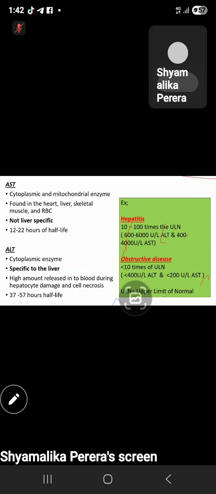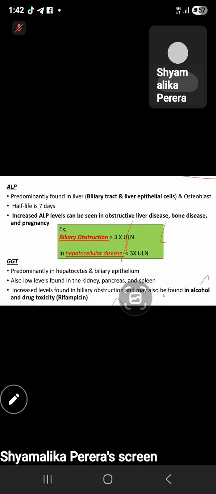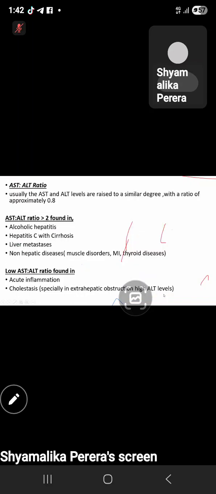Apart from these enzymes, there's an important ratio between AST and ALT. Usually both are raised to a similar degree, with a ratio of about 0.8. So if something happens to the AST and ALT levels, it happens to both enzymes in a similar manner.